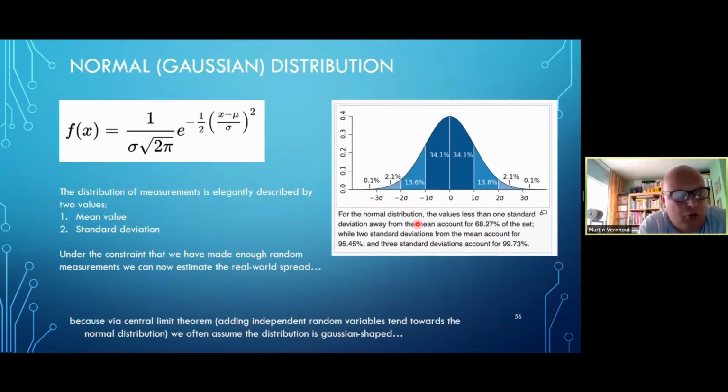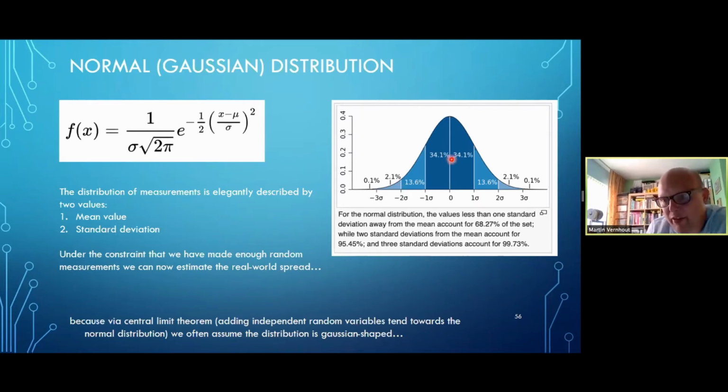So most of the measurements you do in the real world are normal or Gaussian shaped. And you know that such a distribution is always presented by a mean value, the average value, and your standard deviation. Under the constraint that we have made enough random measurements, we can now estimate the real world spread.